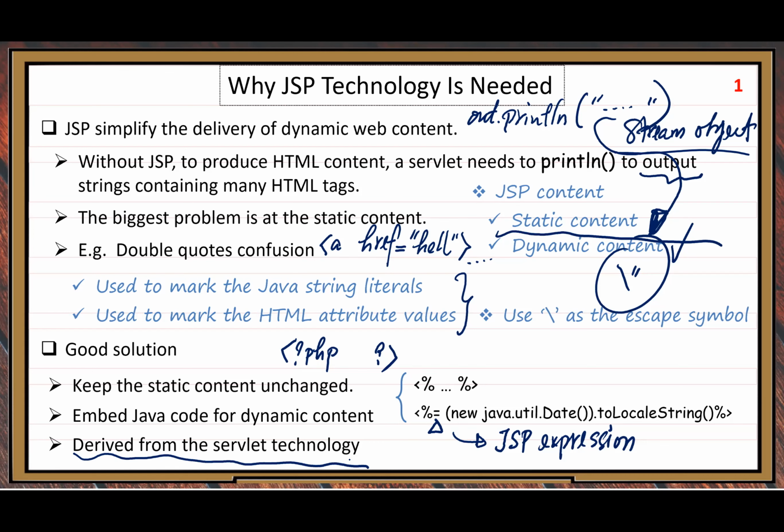After we make those JSP files, before they can be used in your web applications, there are a translation step and a compilation step. I will talk about that later. Translation, compilation, two steps before they can be used. We will get there soon.